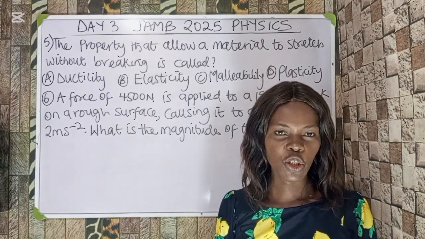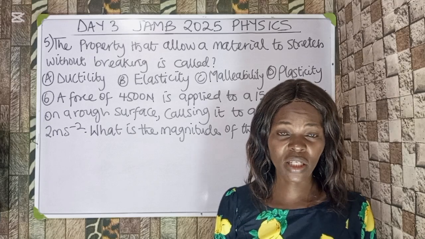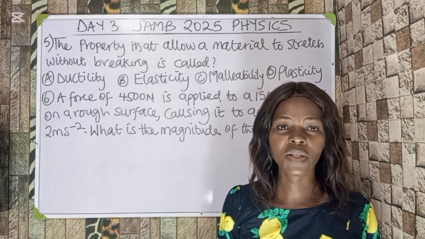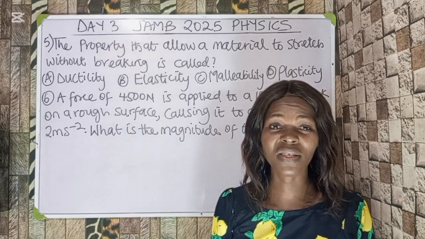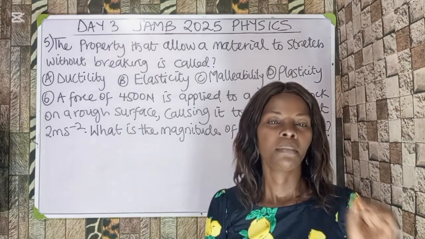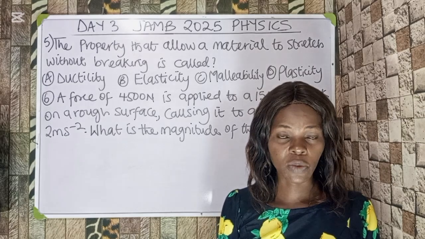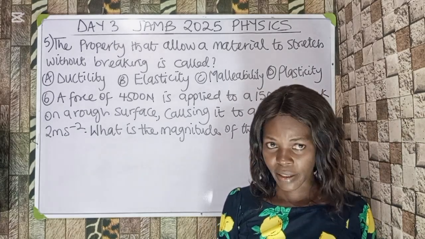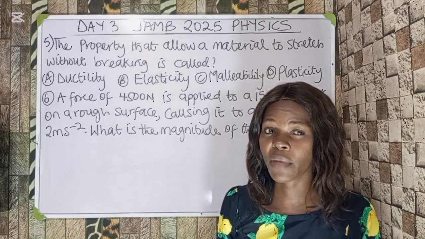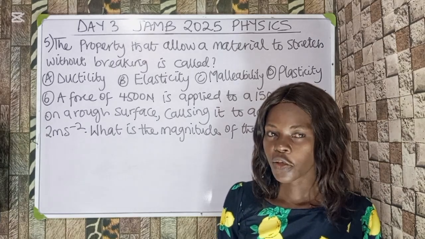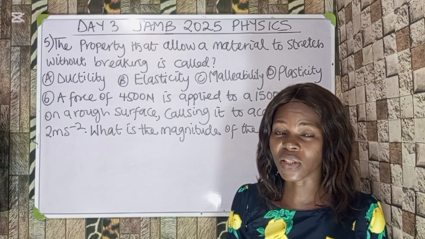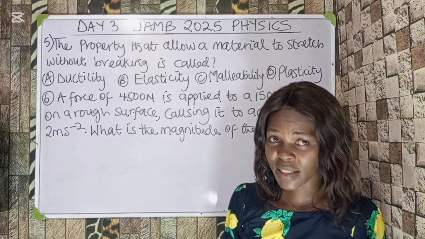Ductility is the ability to be stretched without breaking, while elasticity is the ability of a material to return to its original shape and size after the distorting force has been removed. Malleability is the ability to be shaped or molded without breaking. Plasticity is the ability to undergo permanent deformation without breaking. So from all these, the correct option to this question is option A, which is ductility.